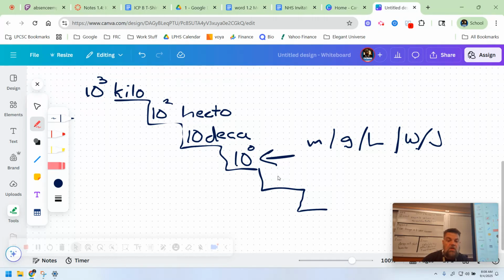And then if we go in the opposite direction, the next one would be 10 to the negative 1, and that would be deci. Sometimes kids get these two confused. This is 10 to the positive 1, 10 to the negative 1. This is 10 to the negative 2. That's centi.